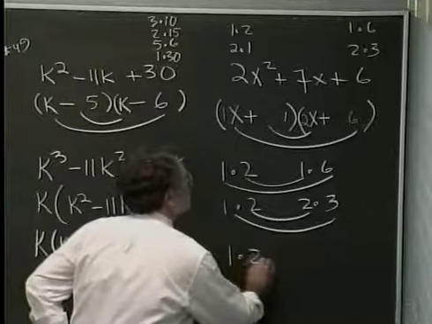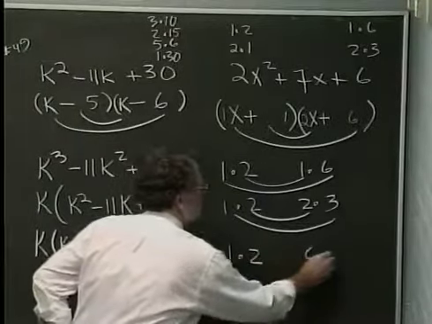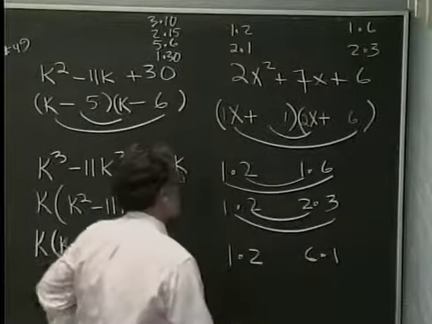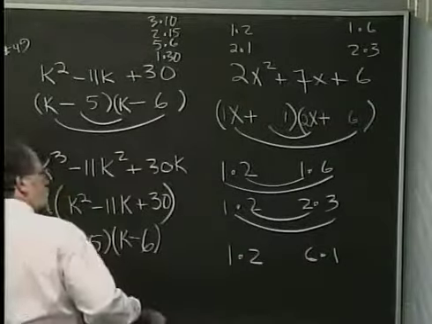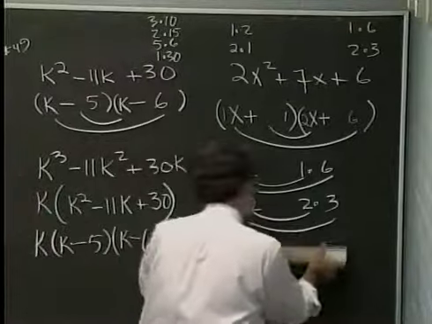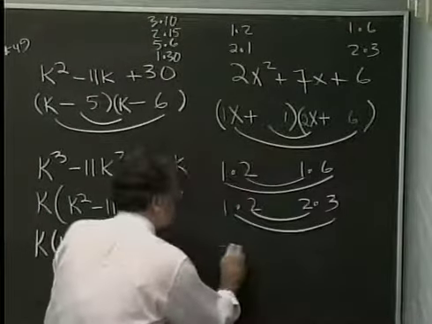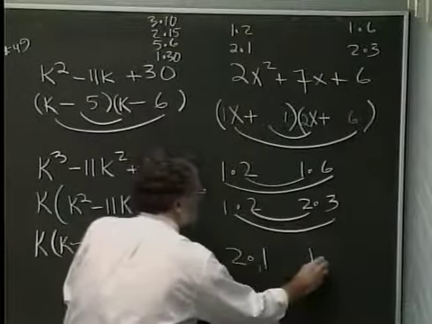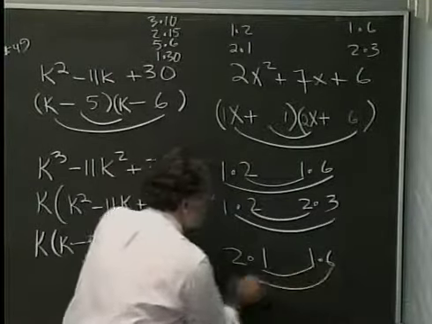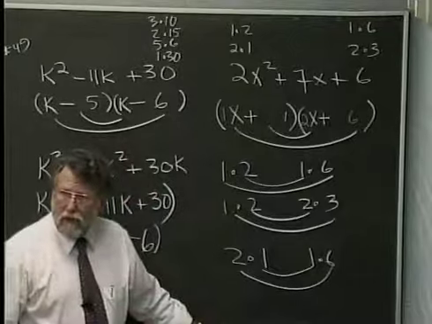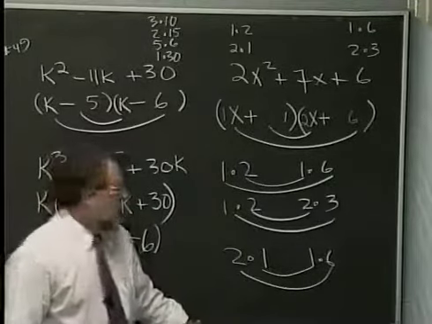Let me continue the process. I have 1, 2, 6, 1, and now hold it just a minute. I didn't do that consistent with what I said I would do, so my apologies. Let me rewrite that. I'm going to do the 2, 1 and the 1, 6. I said it only reverses what? The left side. So I do this and I get a what? 13, 12 and 1.